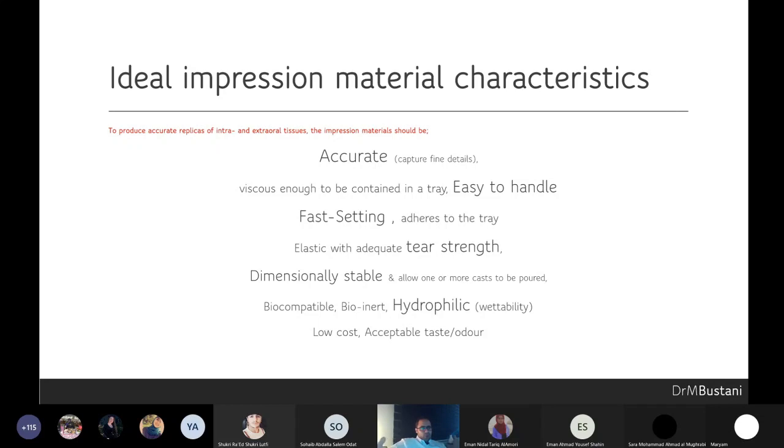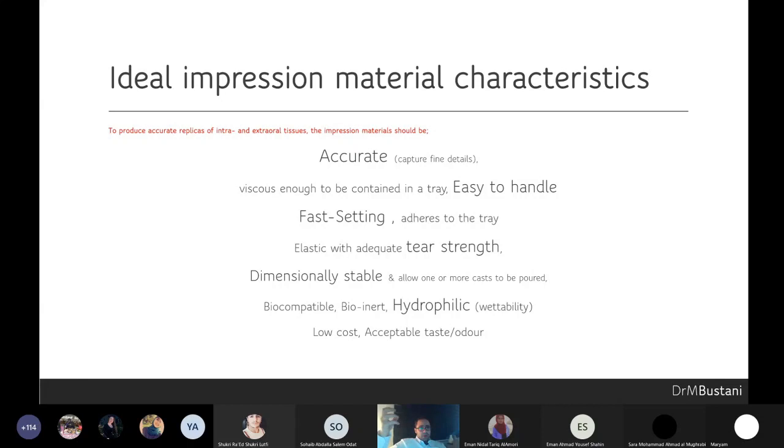To take an impression of an object, let's say you're making a crown, you need to prep the tooth and then transfer the shape of the preparation to your technician, who will produce a casting or an Emax crown or whatever material you would like to make the crown of.